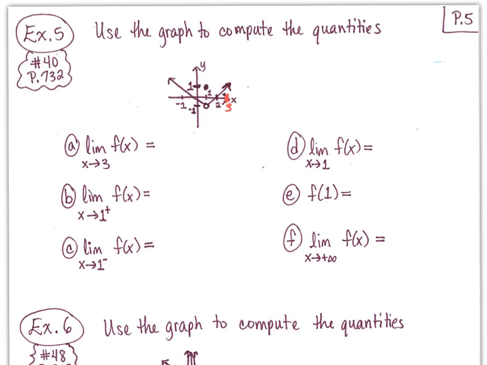If this is a closed circle here, 1, right? It's approaching 1. Good. So that's 1 here.